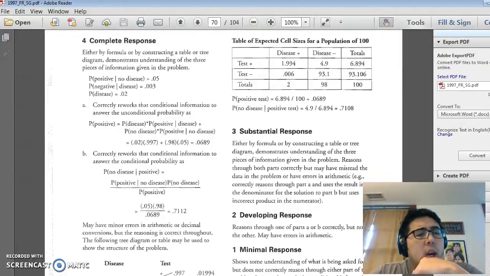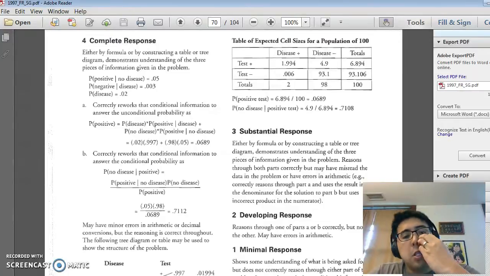So let's look at part A. Correctly reworks that conditional information to answer the unconditional probability as probability positive is equal to probability of disease times probability of positive given disease plus probability no disease times probability positive given no disease.